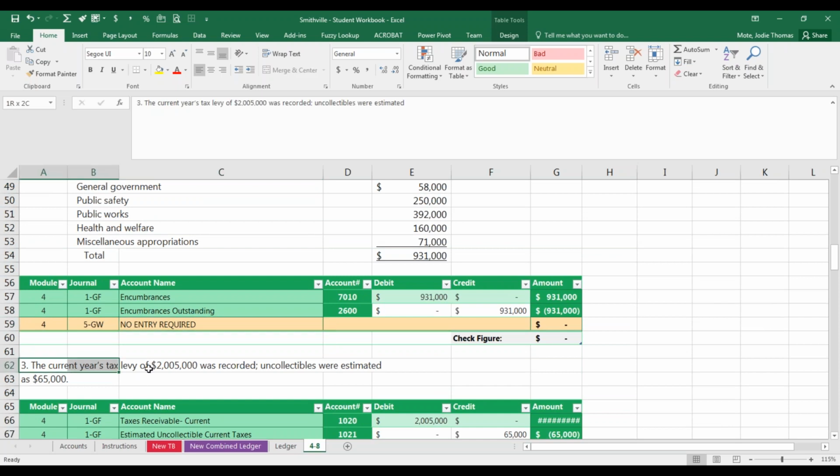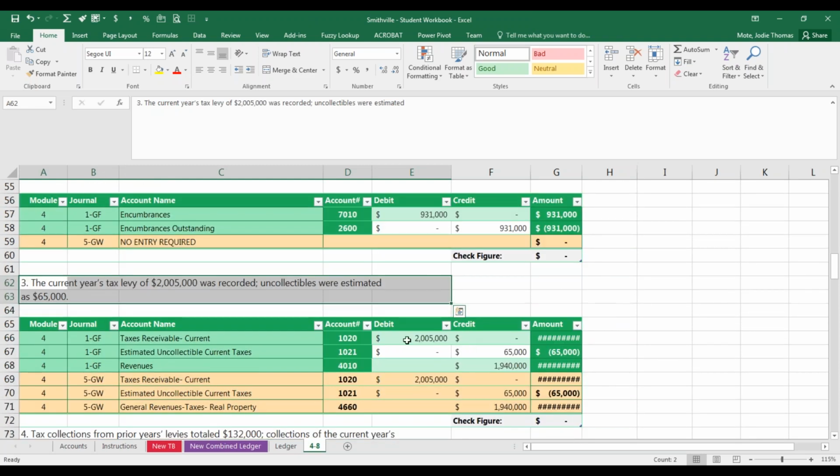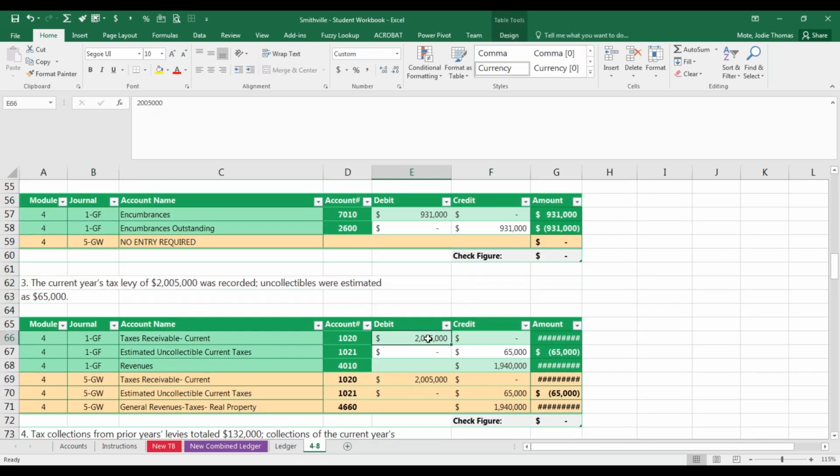It's number 3. The current year's tax levy of $2,005,000 was recorded, and uncollectibles are estimated at $65,000. Again, you're debiting taxes receivable current for the $2,005,000. You're crediting estimated uncollectible current taxes, and revenues is your balance there.